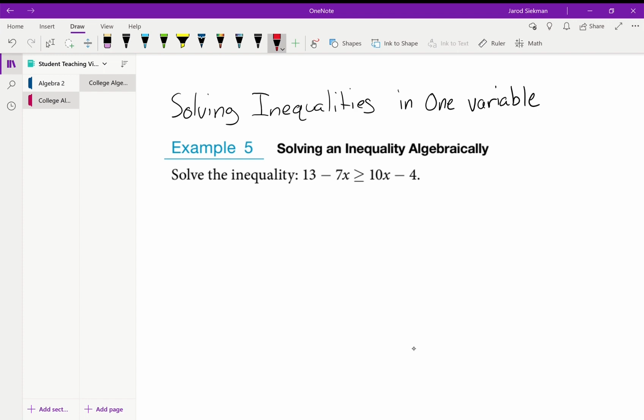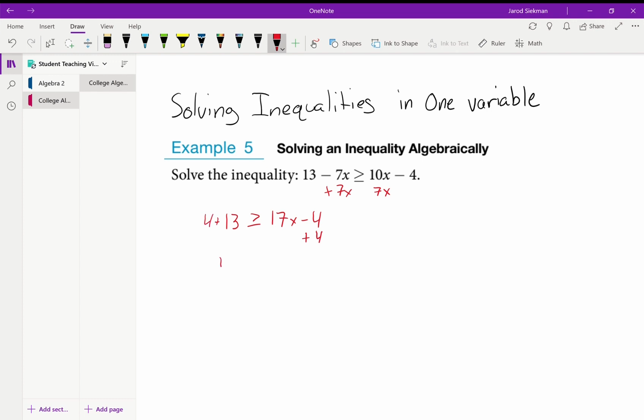So we'll go ahead and add 7x to both sides, and that'll get us 13 is greater than or equal to 17x minus 4. So the x isn't quite isolated yet, so we need to add 4 to both sides.